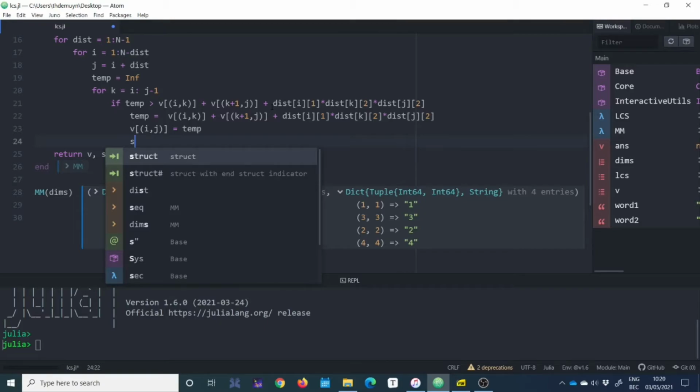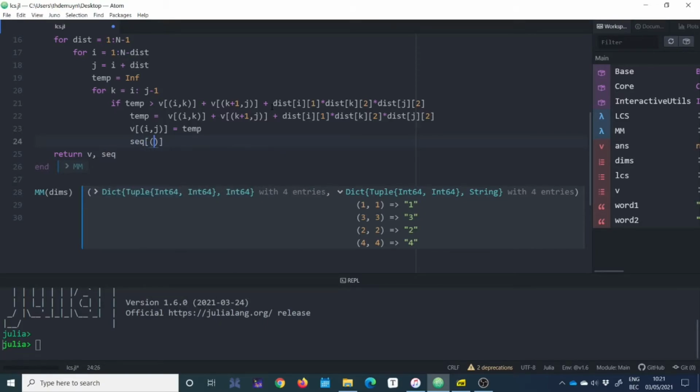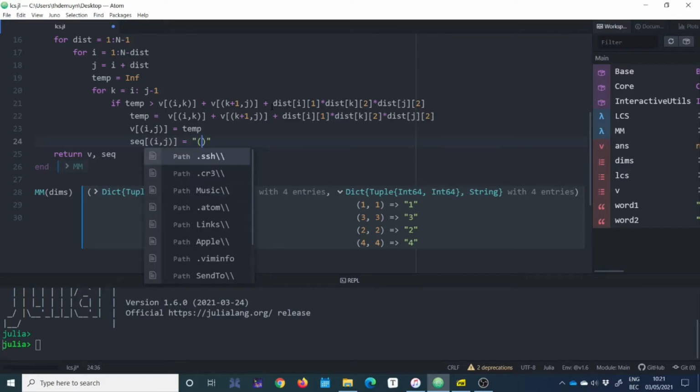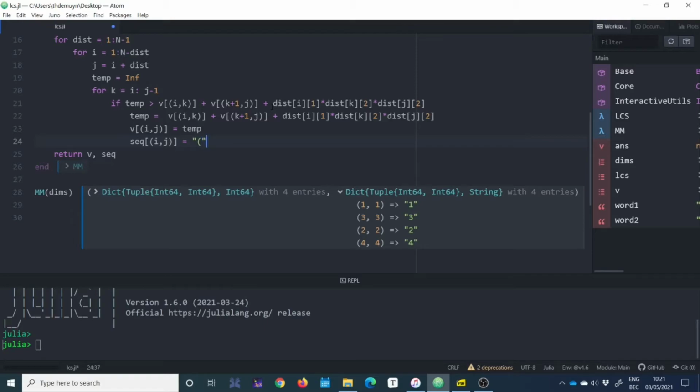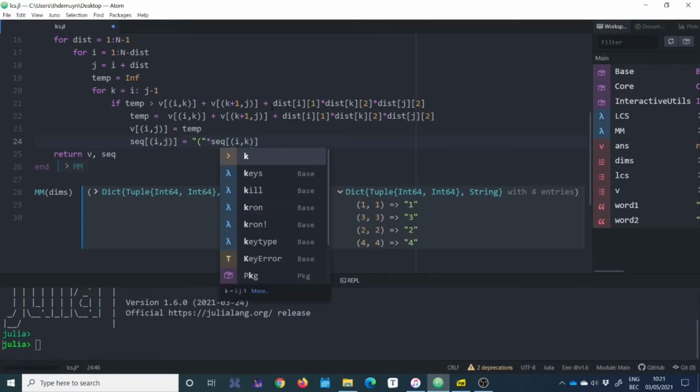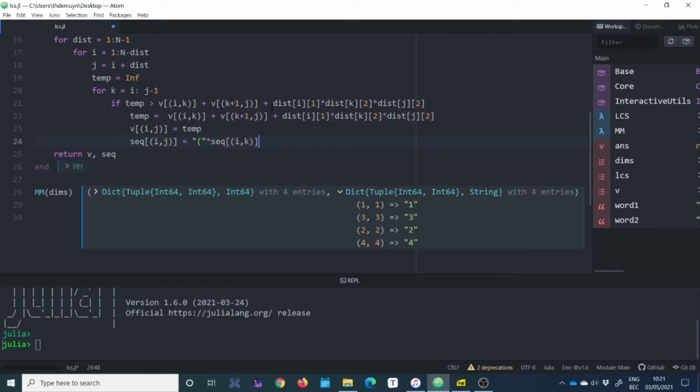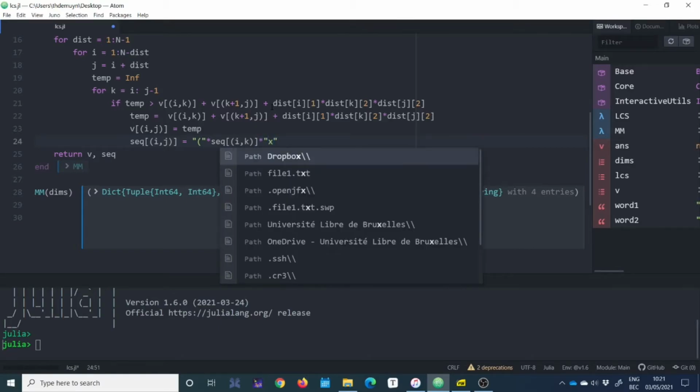And now for my sequence, what I'm going to do is open brackets. I'm going to multiply, so this is concatenation of characters, right? So it's multiplication. I'm going to take the multiplication that I have from I to k, and I'm going to multiply this, right?